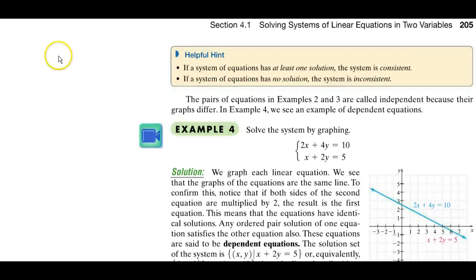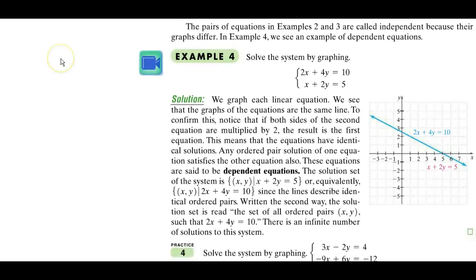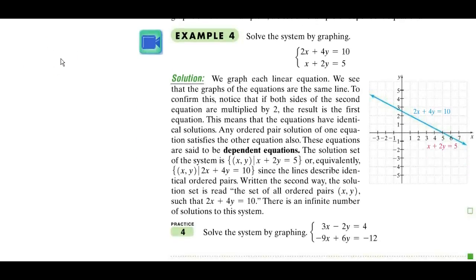Now another type, in example 4, if you made a graph of these, you would see actually that the lines come right over one another.